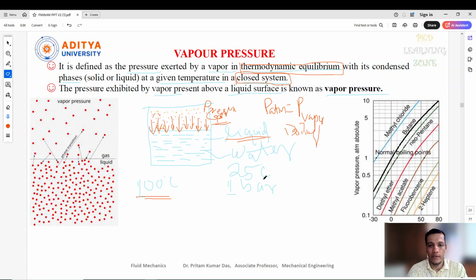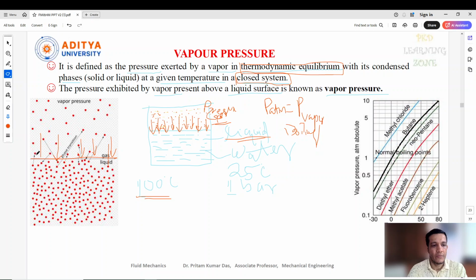That is one term. Here you can see one diagram I have given: the liquid part is converted to vapor, a liquid to gas conversion, and after that these molecules are moving here and there, colliding with all these molecules and air molecules, and that gives a pressure on this surface. That is known as the vapor pressure.